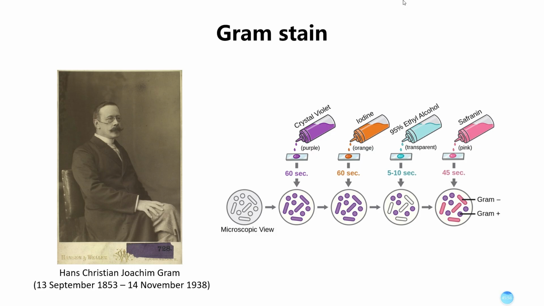After that, we counterstain with another dye, a pink or red dye, so that the gram-negative bacteria will be stained pink, while the gram-positive will stay purple. Okay, you will do this in the lab. We'll have a break.